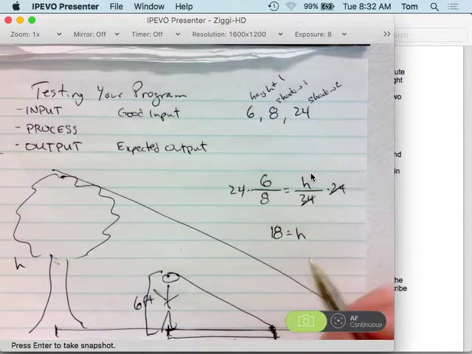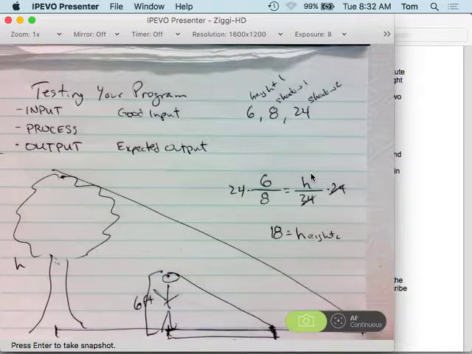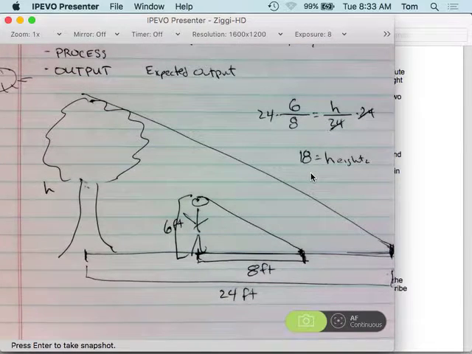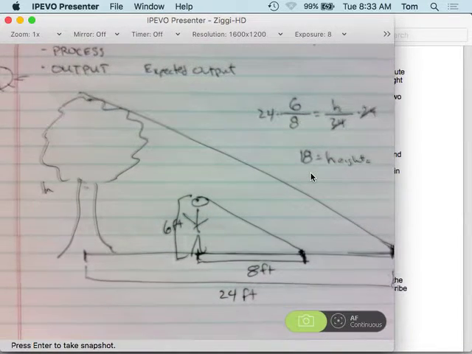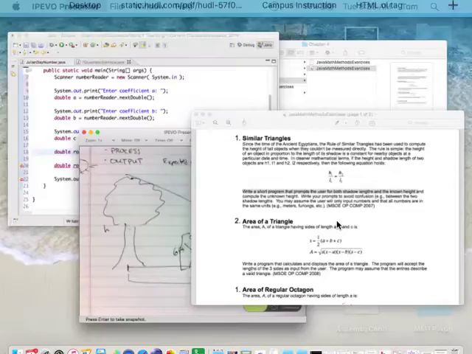And I should get height 2 back to be 18. Is this making sense? All right, so that's one of those problems. What we want to do is figure that stuff out before we run the program, so that when we do run the program, we can check and see that what we did was right. Let's look at another problem.